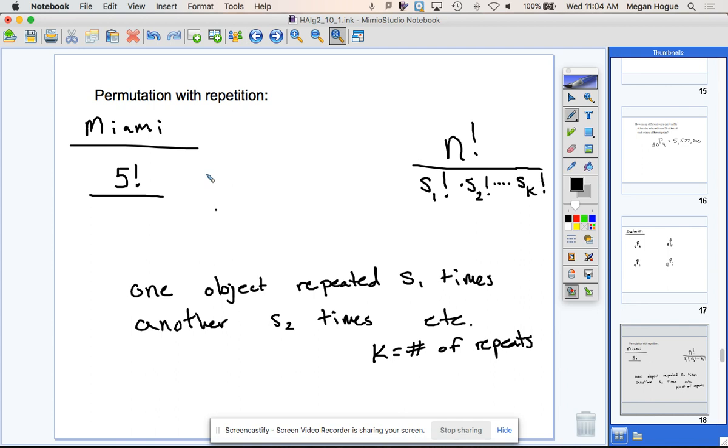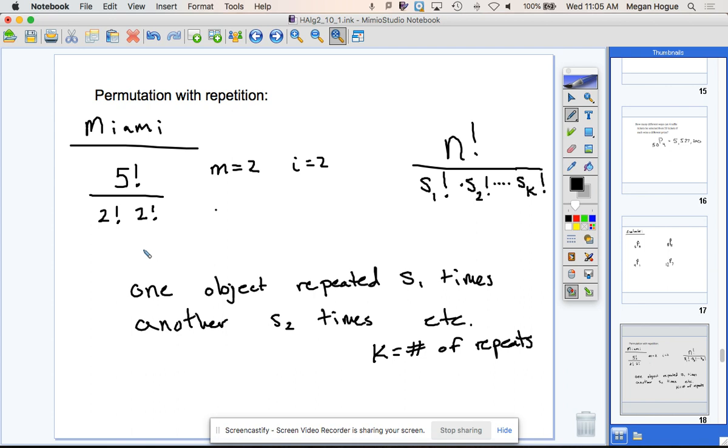M is repeated twice, so that would be one of the S's. So 2 factorial. I is repeated twice, so that would be another 2 factorial. And then since the A is just 1, we don't need it. We only need the repeated ones down here. So that's what I'm going to plug in now.